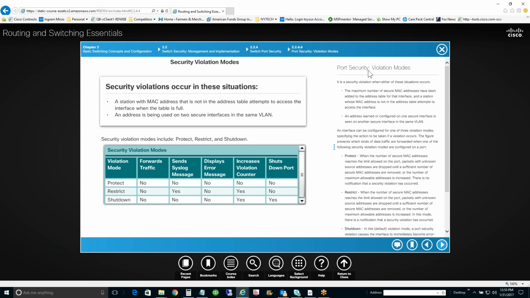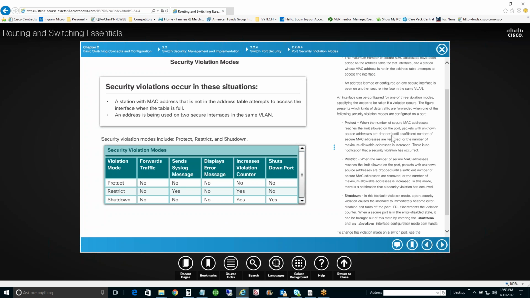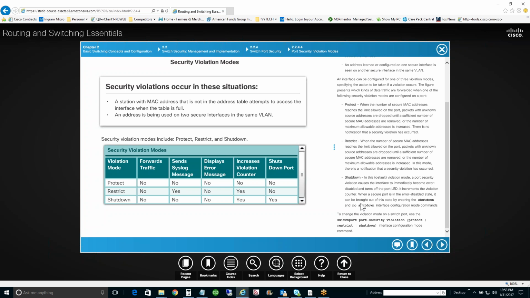And one thing that's important to know is the different violation modes, so that if it detects an unauthorized or too many MAC addresses on a particular port, what is it going to do with that port? Is it going to protect the port, restrict the port, or shut down the port? And those explanations are here for you to read and to learn.